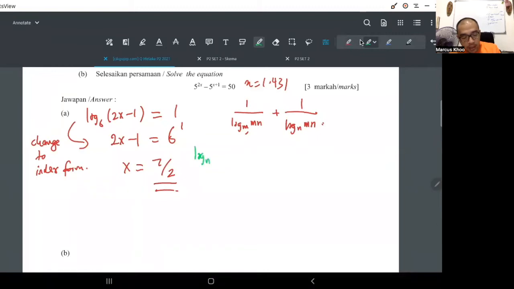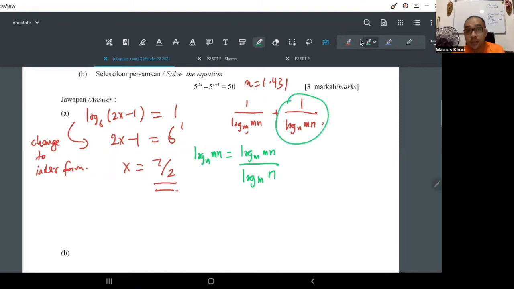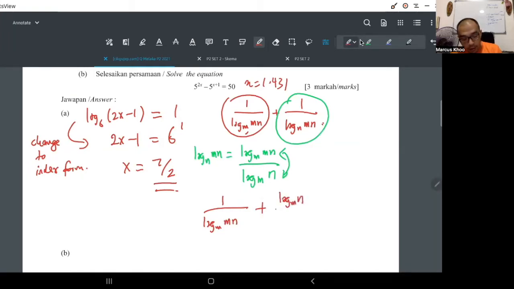So log_n mn change to base m is log_m mn over log_m n. Now, since this is 1 over, that means this one akan diterbalikkan. So what we will get is, the original one is this, 1 over log_m mn, plus this one terbalikkan, log_m n over log_m mn.